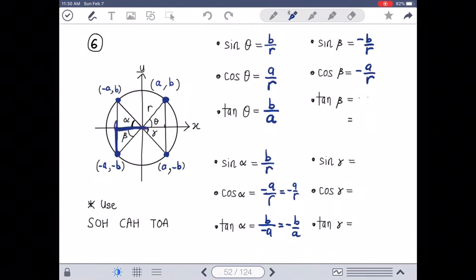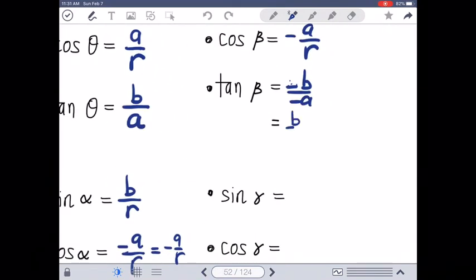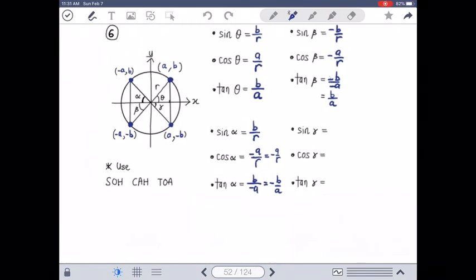So opposite is negative B, adjacent is negative A. Negative B over negative A, negative divided by negative, we should get positive B over A.